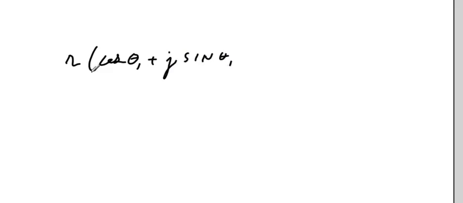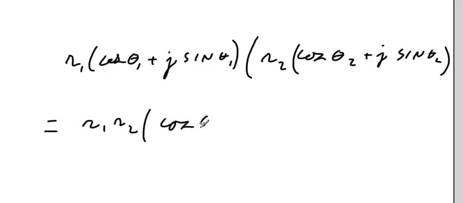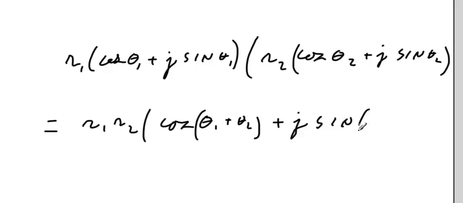And the last form is r1 cosine theta 1 plus j sine theta 1, and I'm going to multiply that times r2 cosine theta 2 plus j sine theta 2. Then that ends up being r1 r2 cosine (theta 1 plus theta 2) plus j sine (theta 1 plus theta 2).